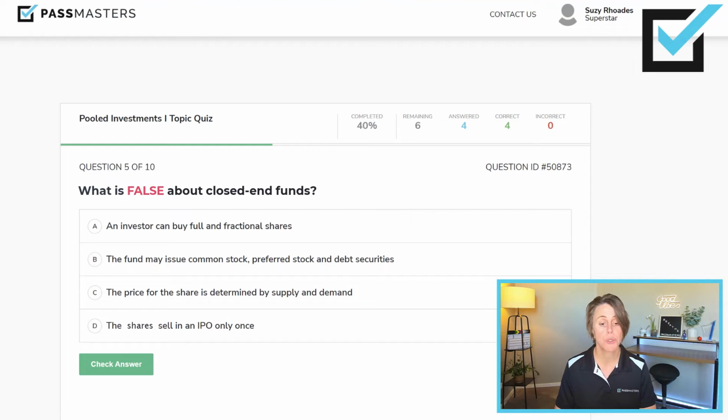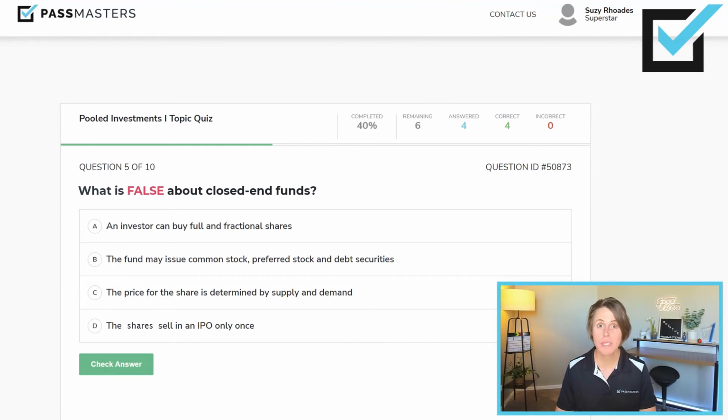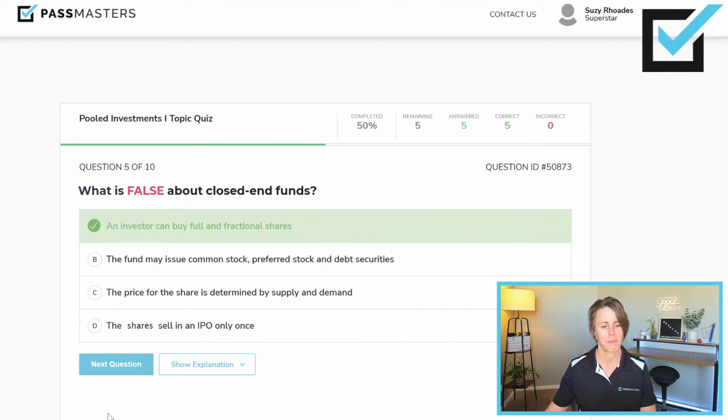That is true. So when you have an open-end mutual fund, you can buy full and fractional shares. Closed-end funds trade in the secondary market. When a share trades in the secondary market, you can only buy a full share, not a fractional share. The fund may issue common stock, preferred stock, and debt securities.